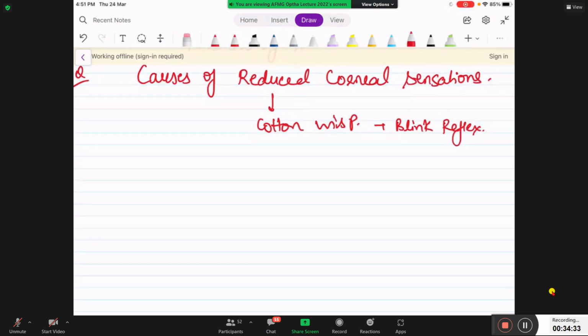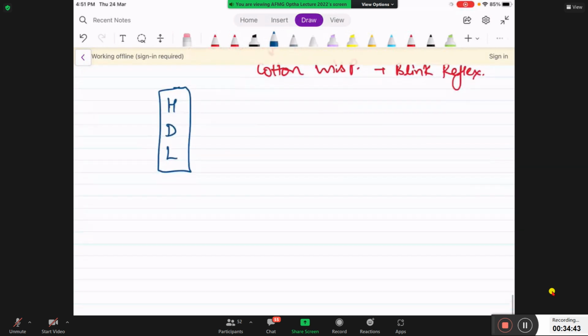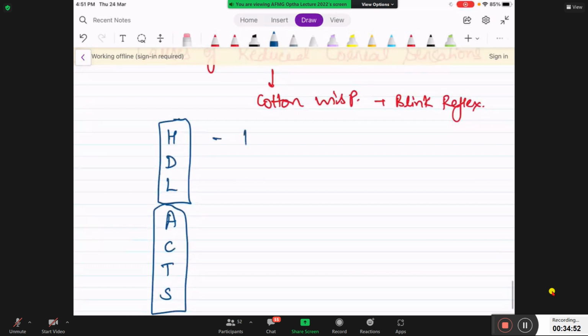Now they will ask you, what are the causes of reduced corneal sensation? Important question. Write down the mnemonic for reduced corneal sensation: HDL ACTS, where H stands for herpes keratitis.